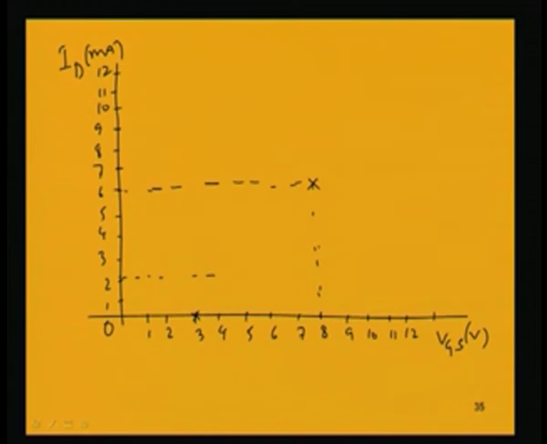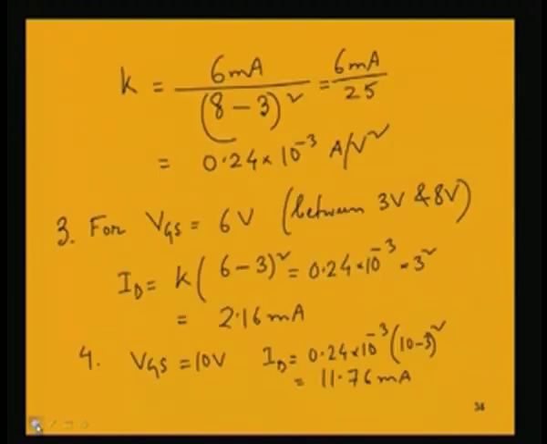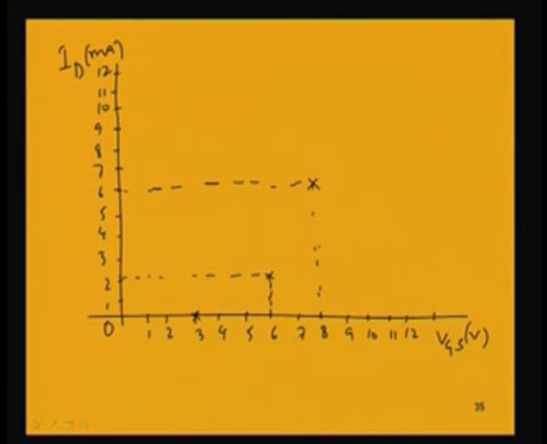If you draw to scale, those will be the correct values, but here I am just drawing with estimation. The last point is 10 and 11.76. 10 is here, 11.76 is somewhere here, say. So, now joining these 4 points, we get the transfer characteristic.